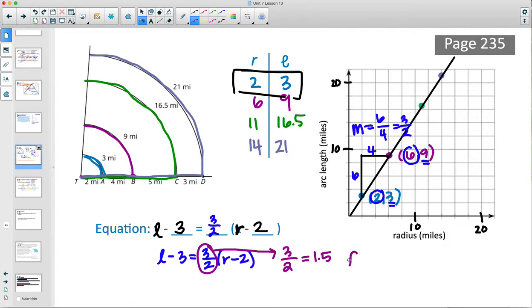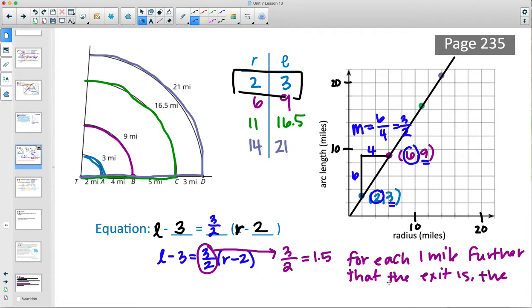So for each 1 mile further that the exit is, the road length is 1.5 miles longer.